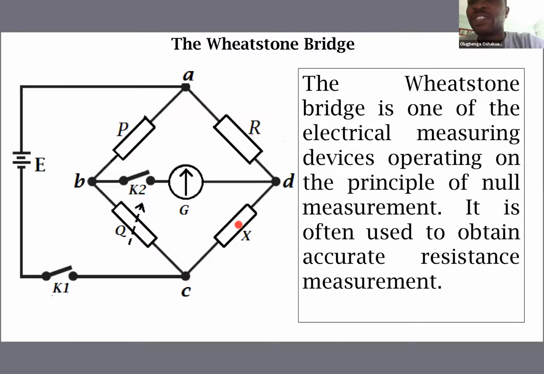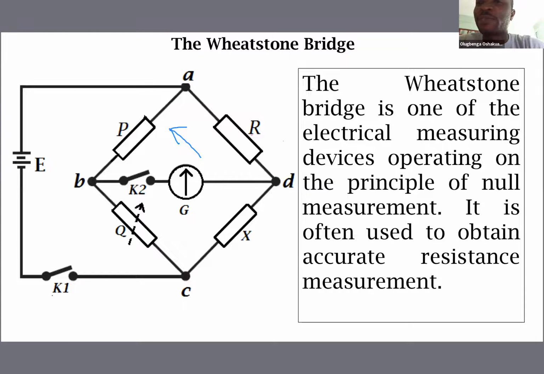In this arrangement, in the center here, we have a galvanometer G. A galvanometer helps in measuring current flow, tiny current flow. When it is standing upright, it means there is no current flow. When it is deflecting to the left, let's say this way, that means current is flowing from the right to the left.